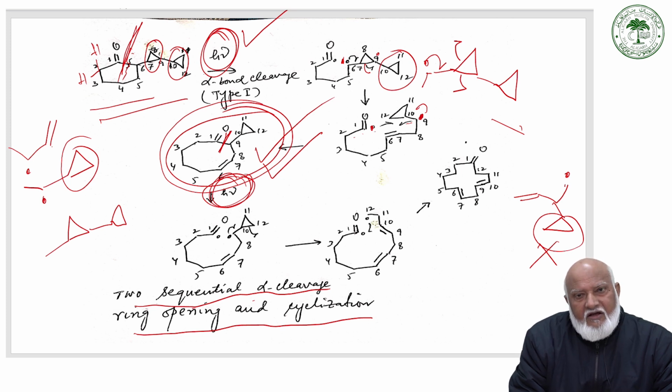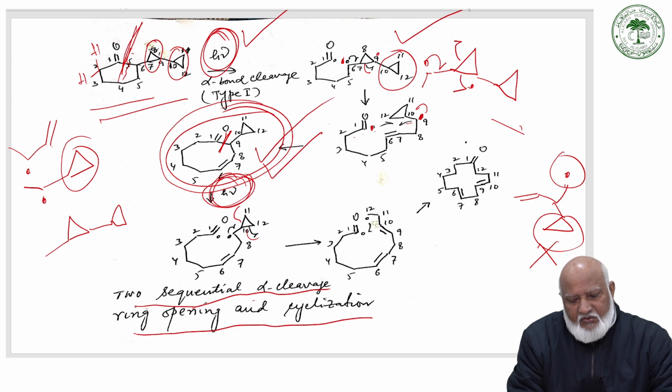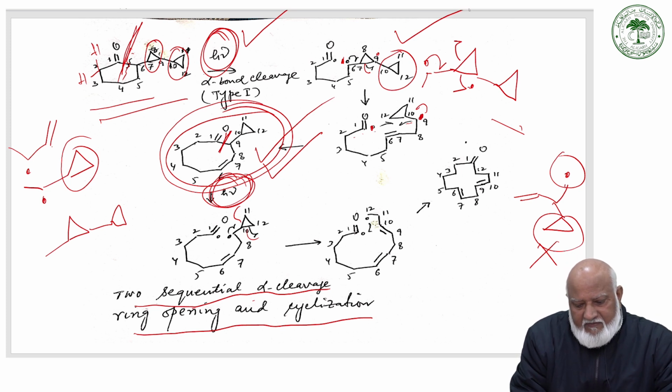Here it is immaterial whether you open this side or this side, but the first opening is very selective, because this radical is not going to be stabilized, whereas this radical is stabilized by the cyclopropane ring present adjacent to it. So this will once again combine to give this.